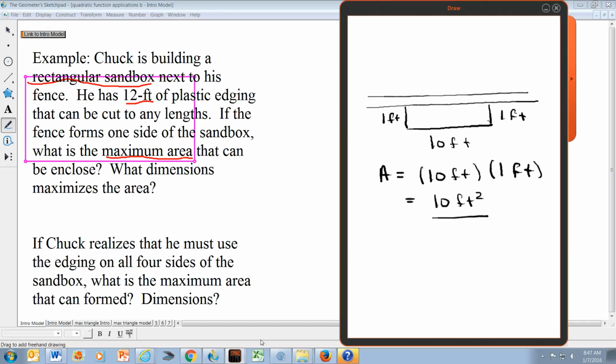So it looks like we know we can build one of 16 square feet, and we know we can build one smaller. The question is, if we're going to maximize, could we build one that is bigger than 16 square feet? Well, to do this, let's look at some modeling.